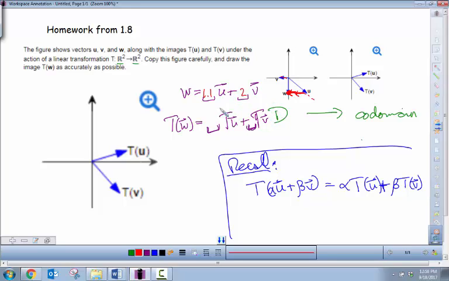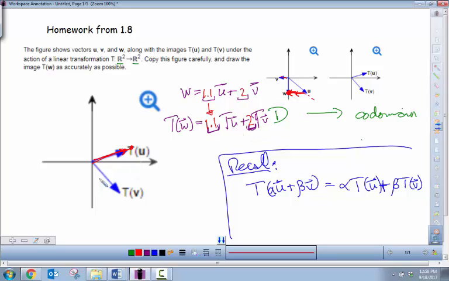We could put that here, a little bit more than 1 as well. The idea is that the same scalar that stretches u will be the same scalar that stretches T of u, and the same scalar that stretches v will stretch T of v. So now how does that look? I want T of u to be a little bit more than 1, so I can extend it a little bit more if I need to.